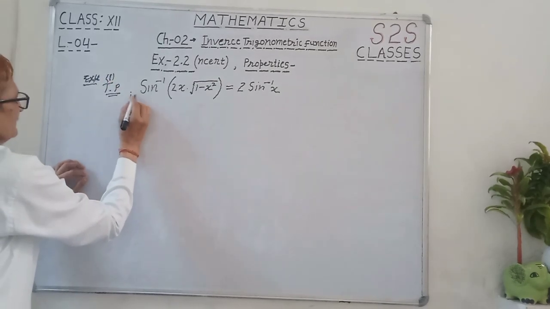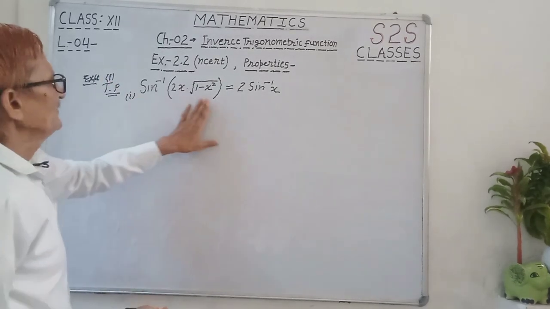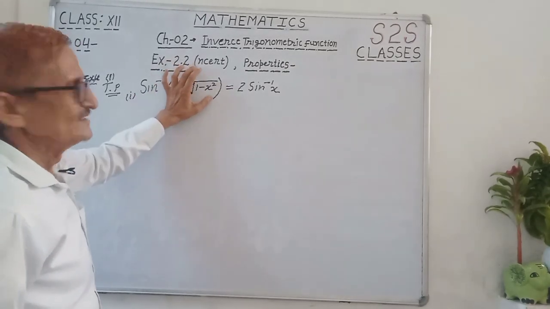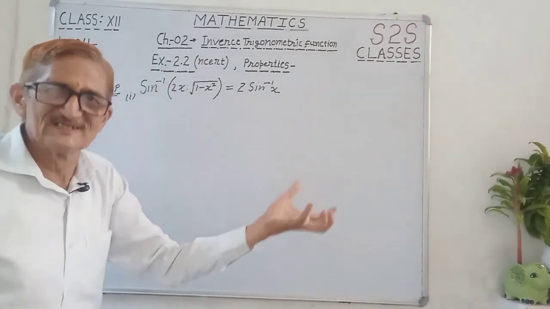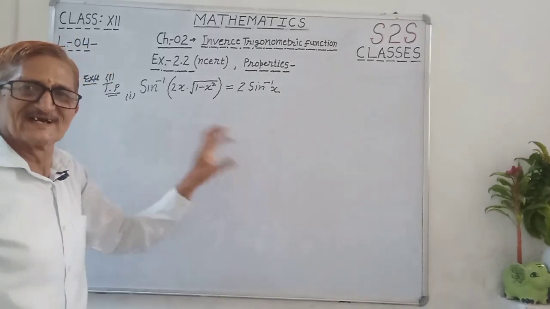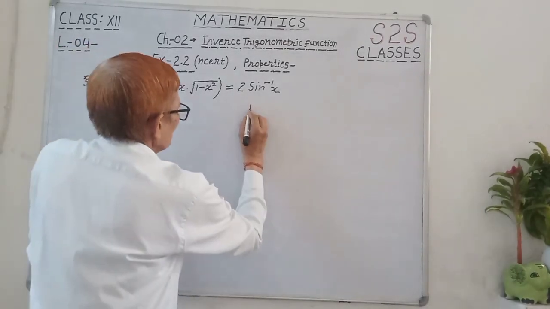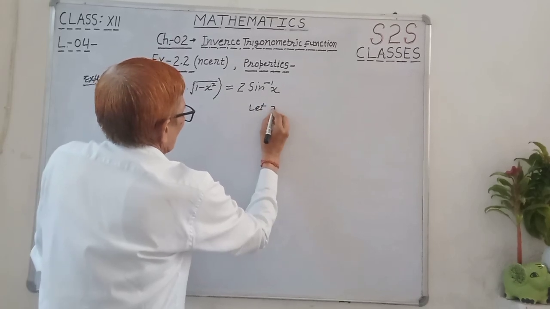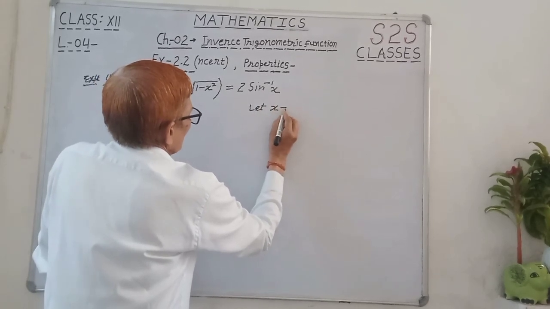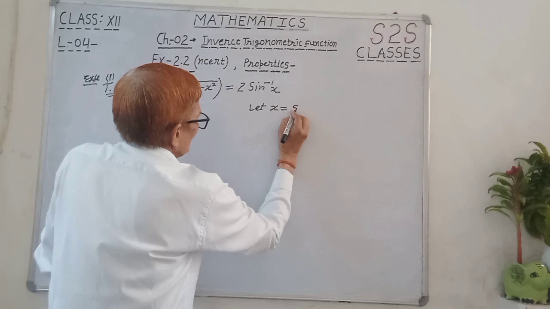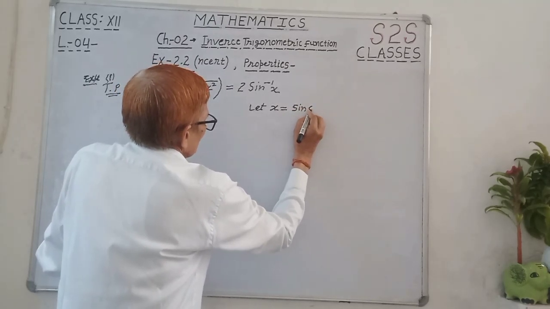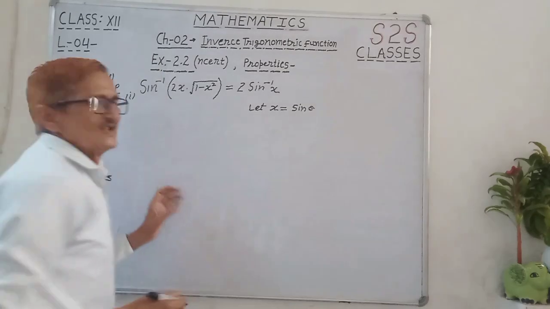First part. Now here let x be sin theta. It is sin inverse of something, and something is the sine of any angle, inside. So let x be equal to sin theta.